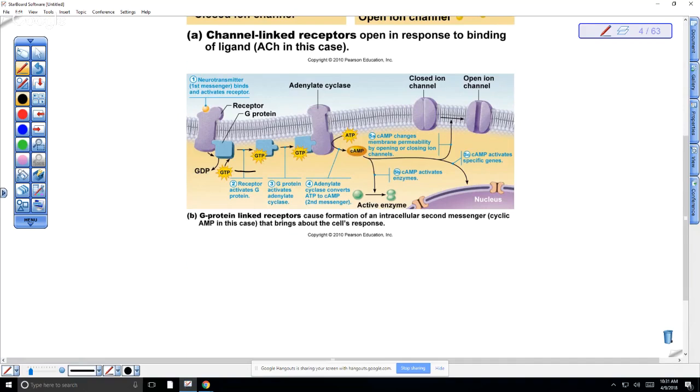And so that is what eventually opens up the ion channel. And so that's much slower. So acetylcholine would be direct acting. Dopamine is actually indirect. So dopamine and serotonin are indirect. So you could write that down next to your acetylcholine is direct.